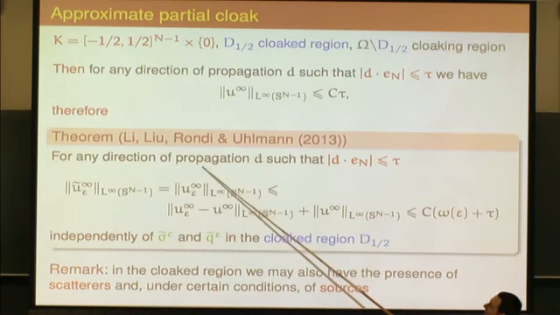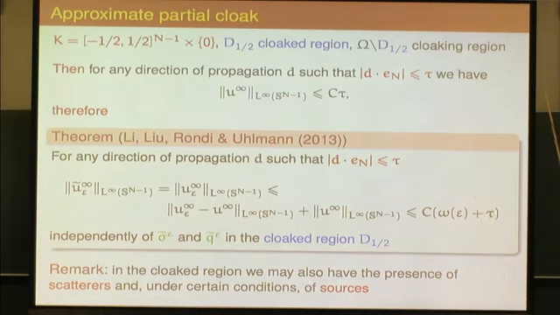So if you are assuming that you can be probed only from these kind of directions, which is a reasonable assumption, and if this is bounded by tau, then what you can say is that u tilde infinity epsilon is equal to u in the virtual space, but in the virtual space, this is bounded by that.